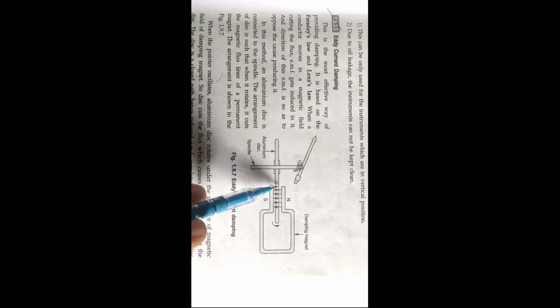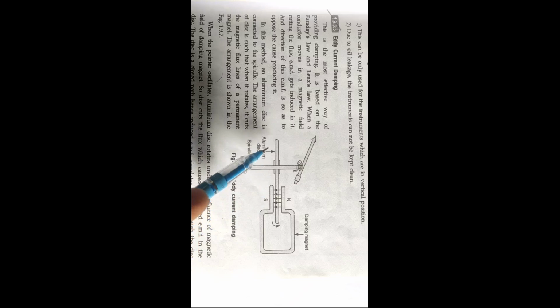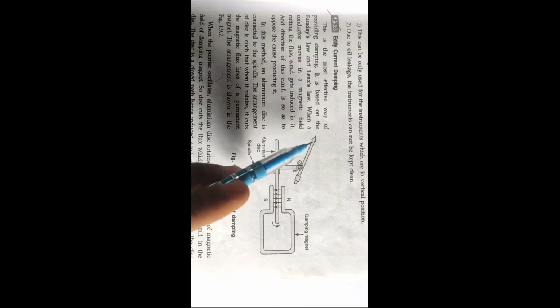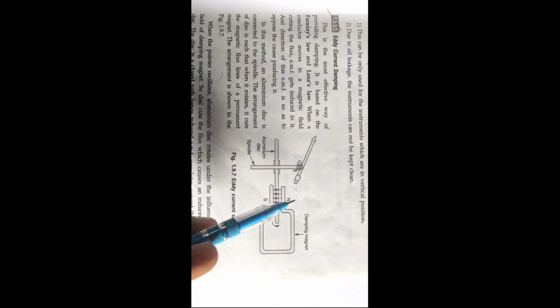That EMF opposes the relative motion of the disc. In that way your pointer will stop and reach its steady position without any oscillation. So this is eddy current damping.